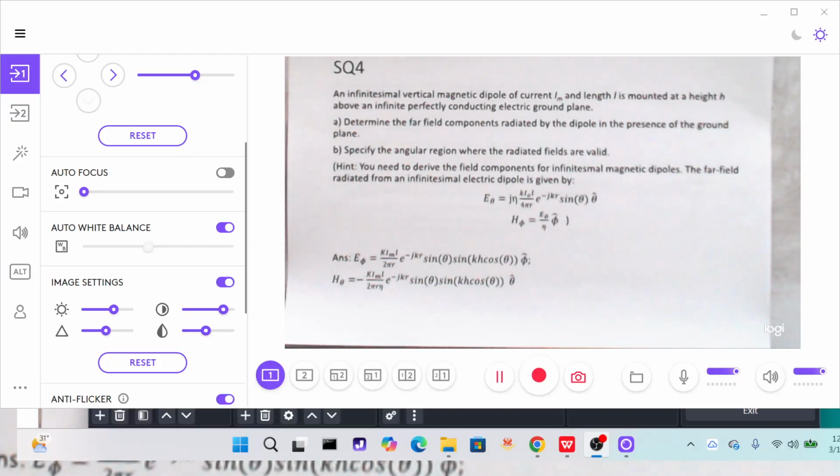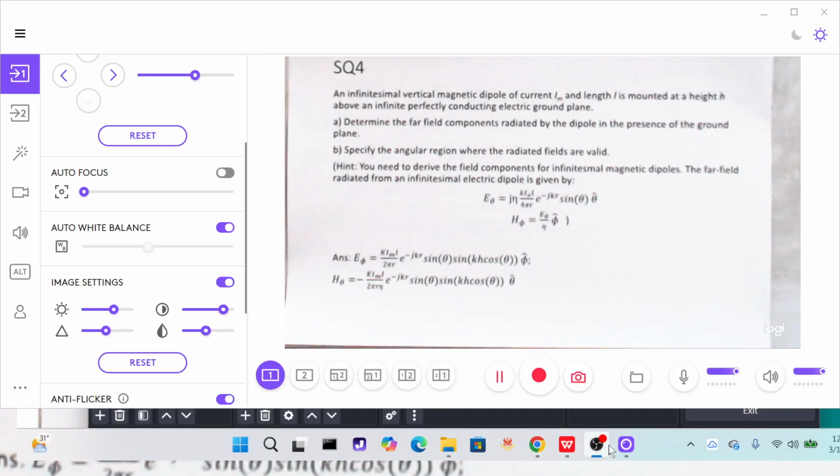When you say magnetic dipole, this means it's a coil, a current ring, a current loop. It is an infinitesimal vertical magnetic dipole, which means it is electrically small, with equatorial current IM.